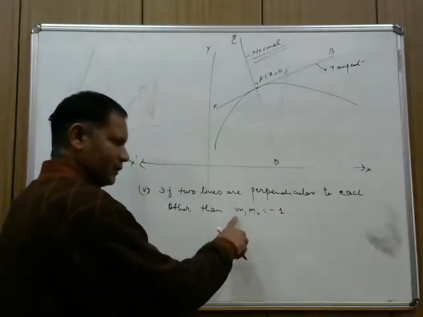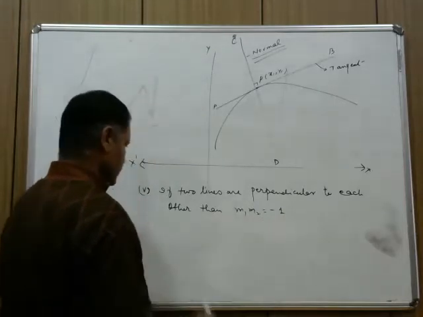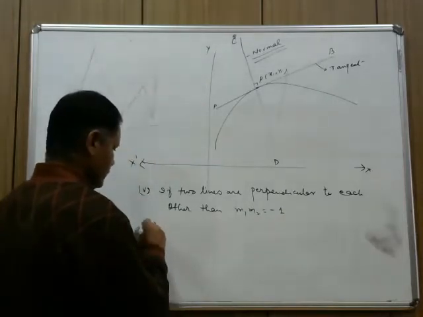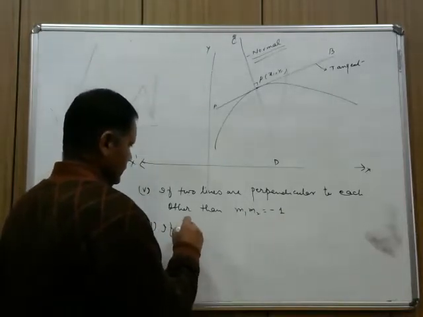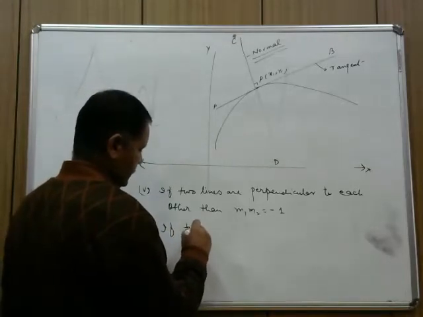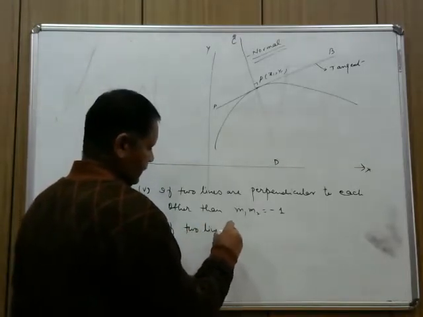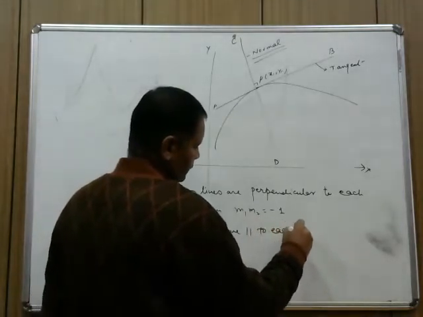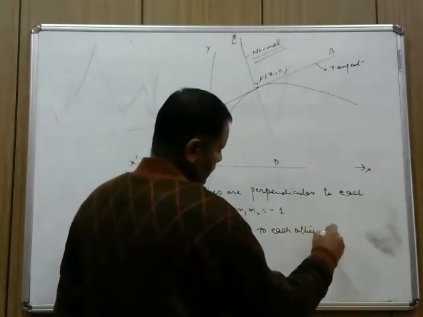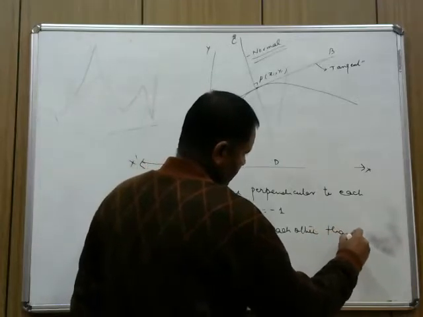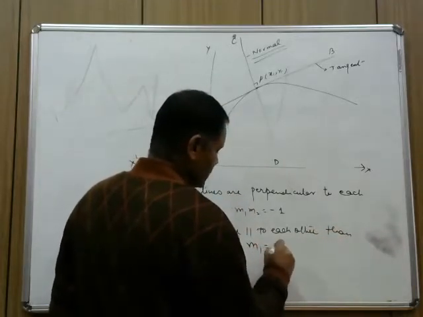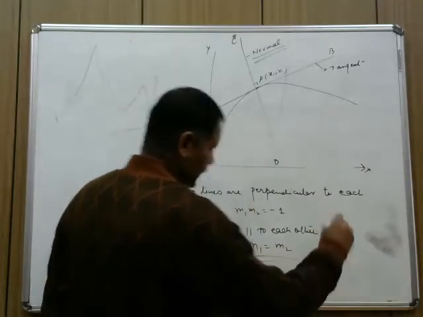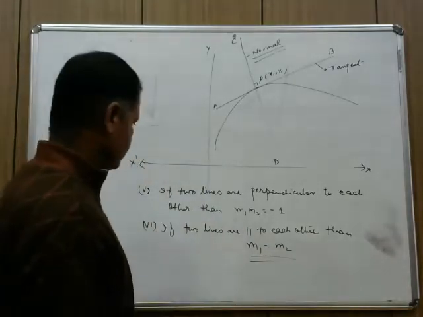That means the product of the slopes is equal to minus 1. If two lines are parallel to each other, then their slopes must be equal. Then m1 is equal to m2. Right?